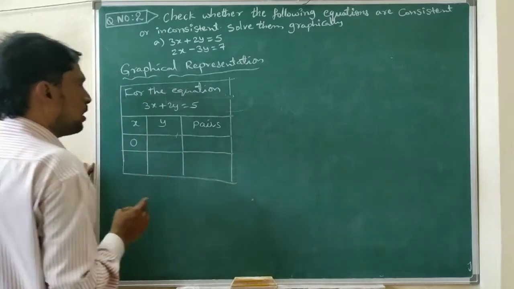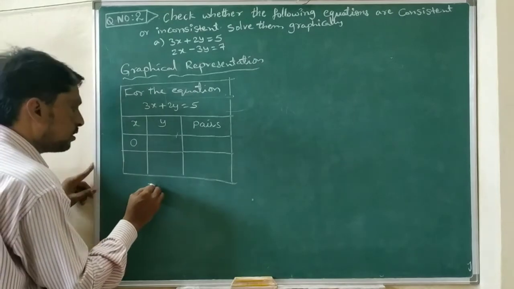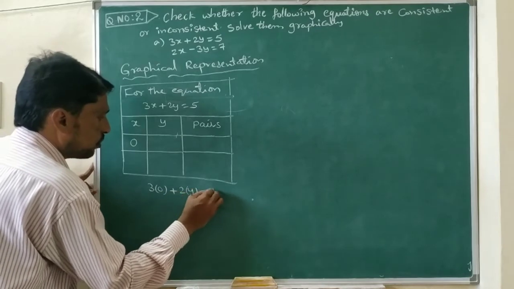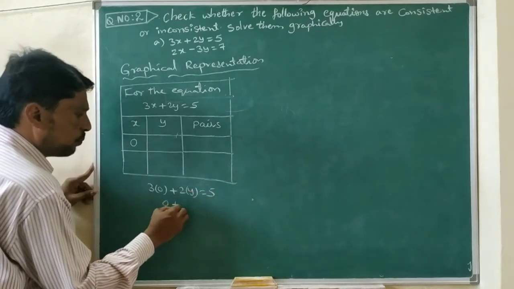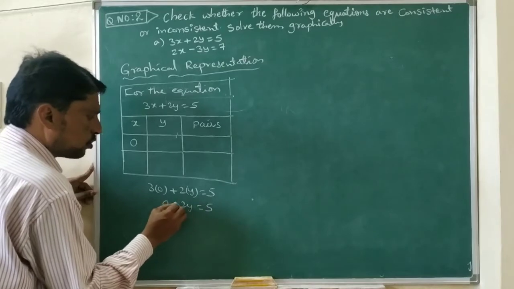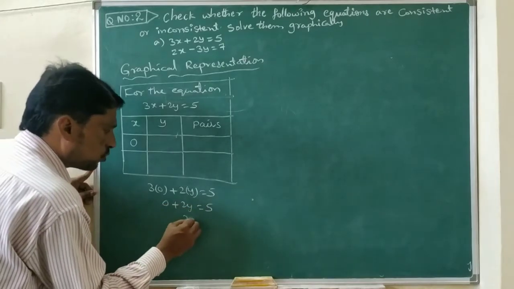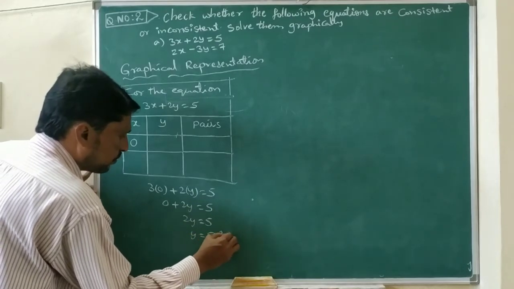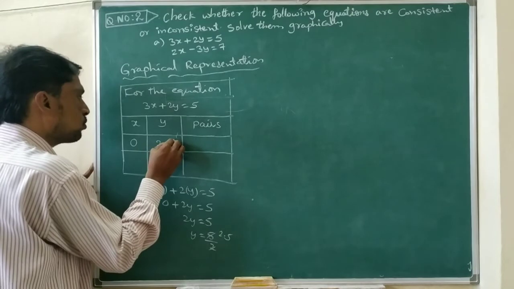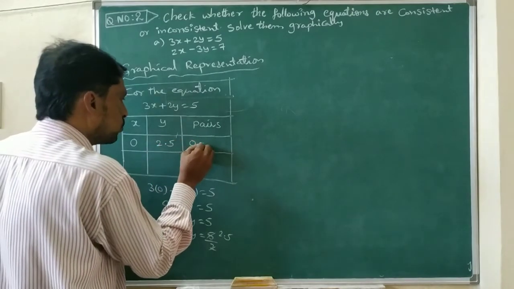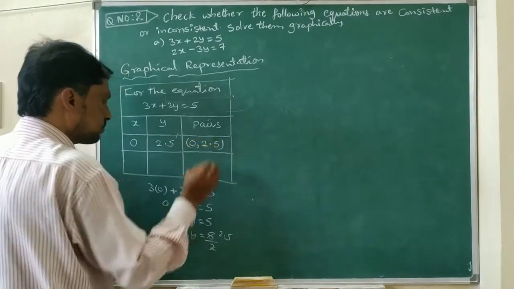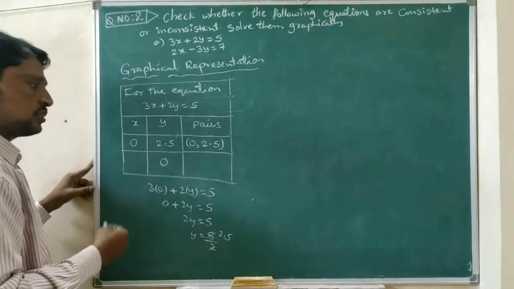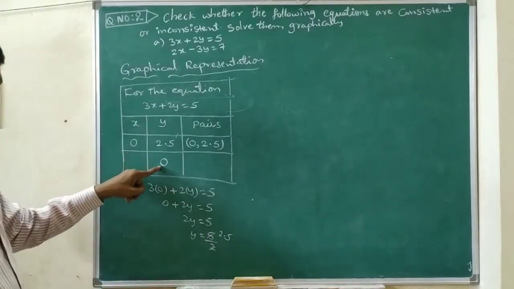So x value 0 means 3 into 0 plus 2 into y equal to 5. 3 into 0 is 0, plus 2y equal to 5. So 2y equal to 5, y equal to 5 by 2, which is 2.5. So the pair becomes 0, 2.5. Next, y value you can take 0.